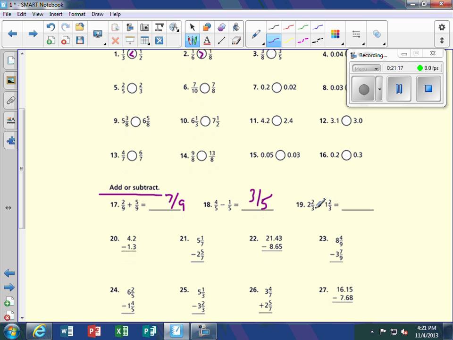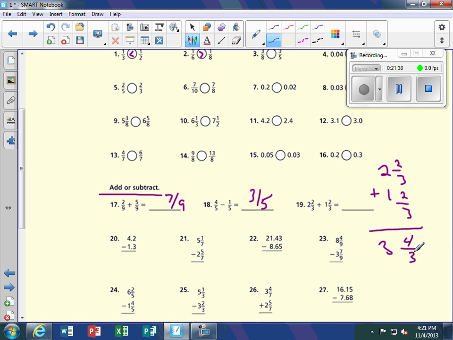2 and 2/3 plus 1 and 2/3. I like to set them up like this, 2 and 2/3 plus 1 and 2/3. Add them up. 2 and 2 is 4/3. Now that's what they call an improper fraction, and 2 plus 1 is 3.